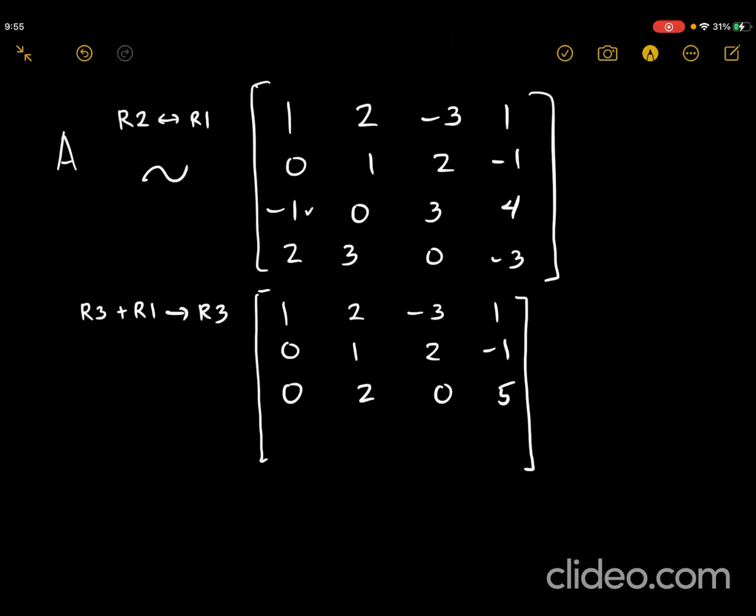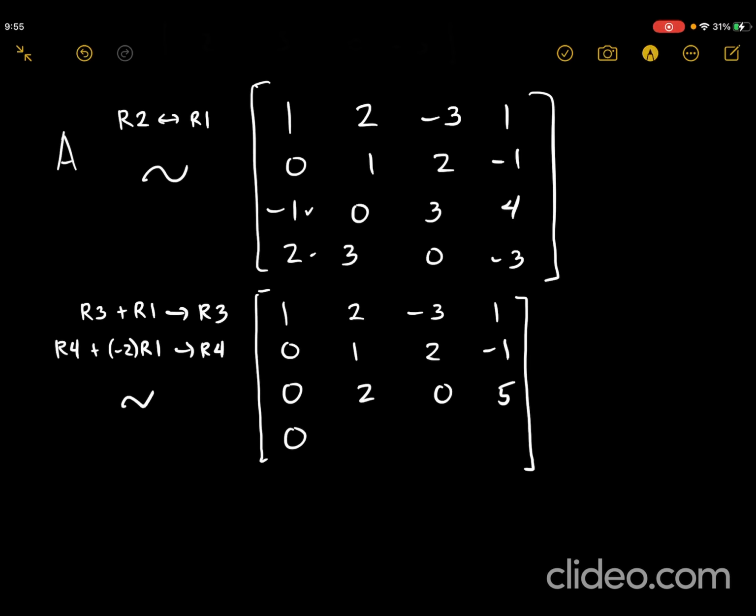Applying the same idea for row 4, let's multiply -2 to row 1 and add the result to R4, and use it as our new R4.